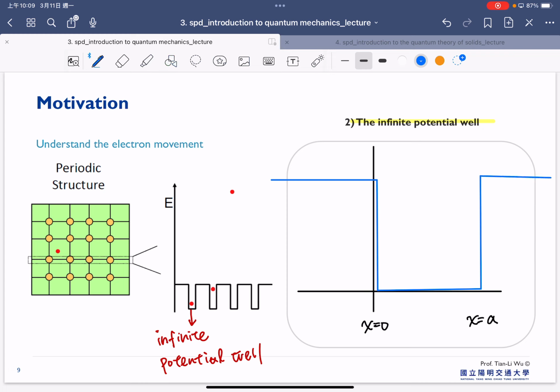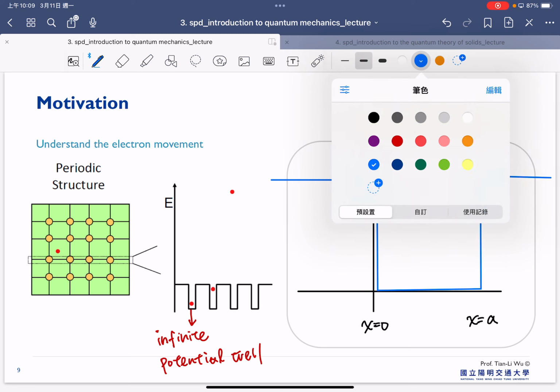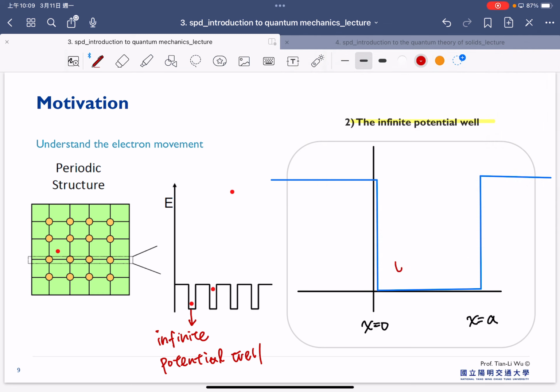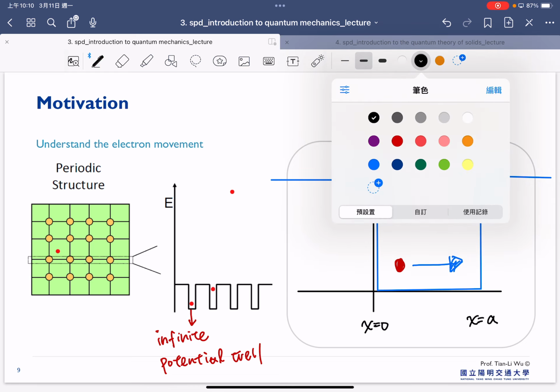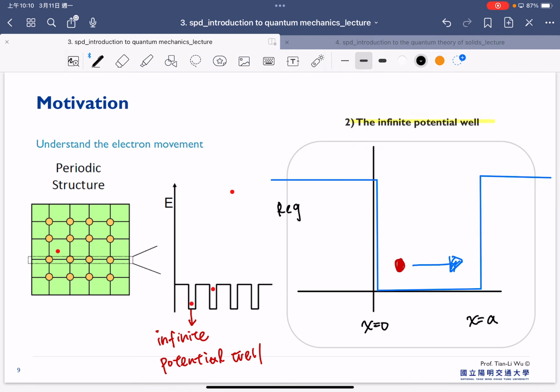So we are trying to consider the electron movements inside this potential well. But the other regions, so we have region 1, region 2, region 3.